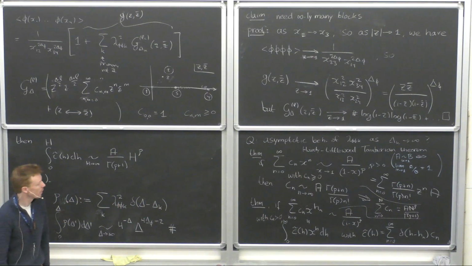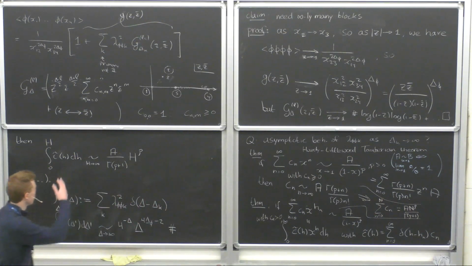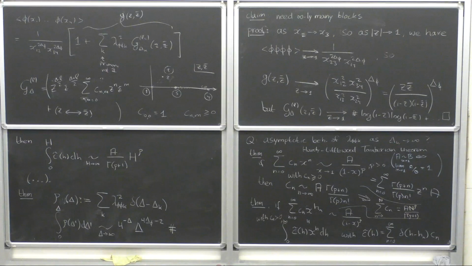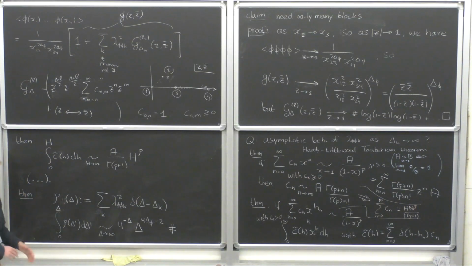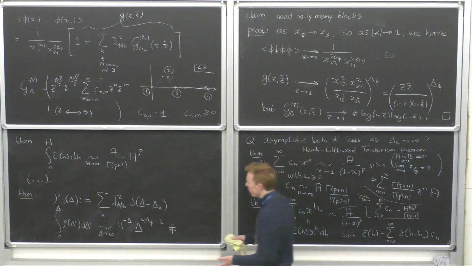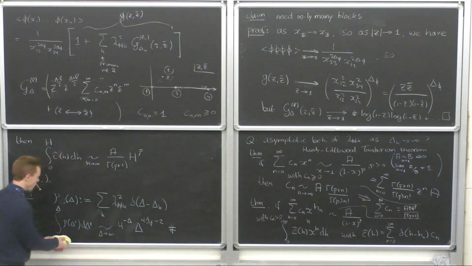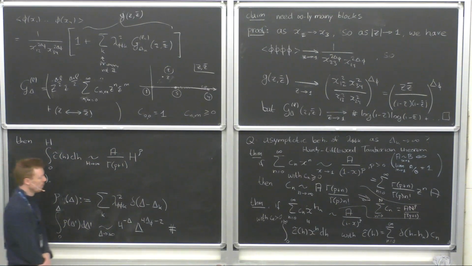What's exactly going on here? These are the kind of games you can play with the crossing equations, or more generally with this conformal block decomposition. We understand a little bit the asymptotics. We understand a little bit how the coefficients, either of the z series expansion or of the conformal blocks, behave asymptotically. But these are kind of integrated quantities, right? It's sort of the sum over all the blocks at very large delta, maybe at fixed spin.